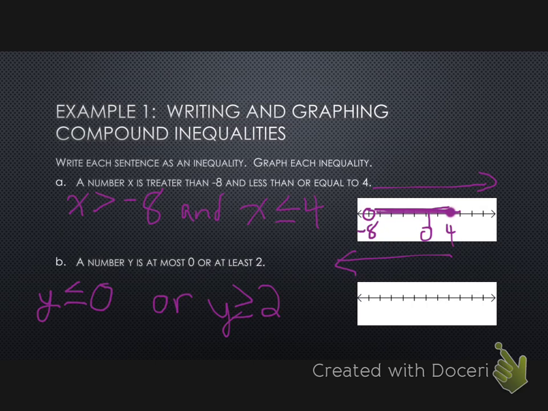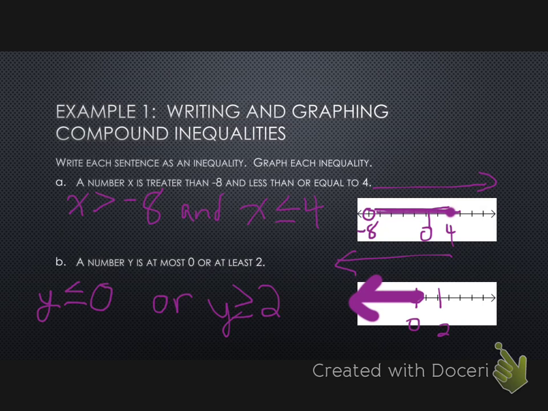So let's put 0 right here. And this is 2. So y is greater than or equal to 2. It's going to be a solid circle going this direction.